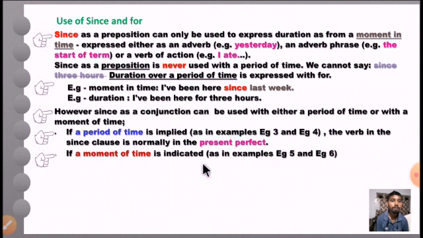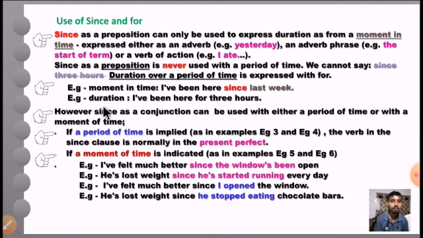If a moment of time is indicated, example 5 and 6, sorry, I have forgotten to give the examples of 5 and 6. Here we can say moment of time, that is 4.